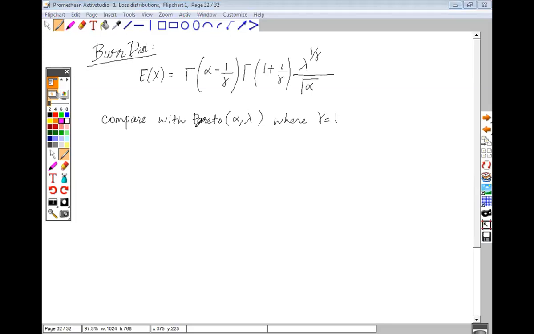So can you give me the mean of this Pareto? So essentially we'll have something to compare it with. Lambda upon alpha minus 1. Exactly, lambda upon alpha minus 1. So if we substitute gamma equal to 1 in here, we should have this as the answer. I hope you can do that now. I mean, not deriving this, but just substituting gamma as 1, and then you should get this as your answer. So take that as homework, I would say.